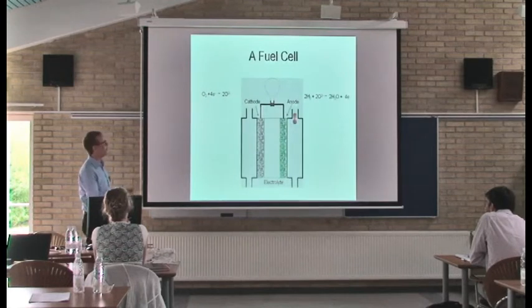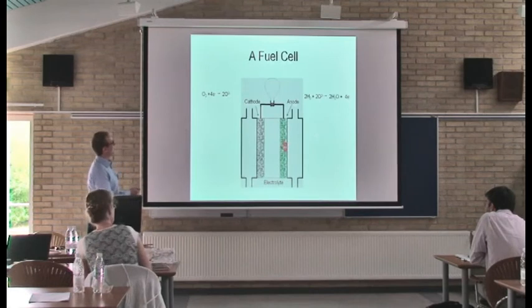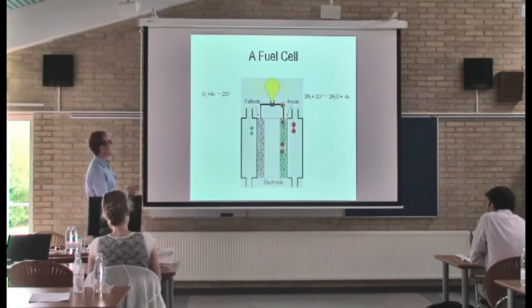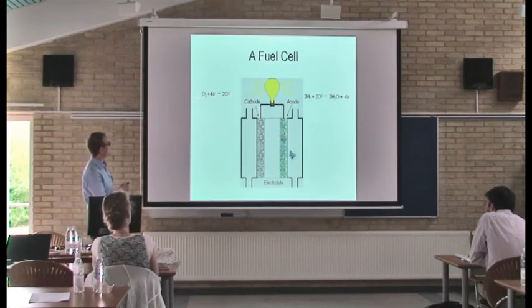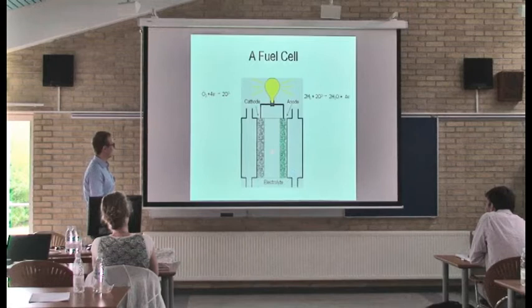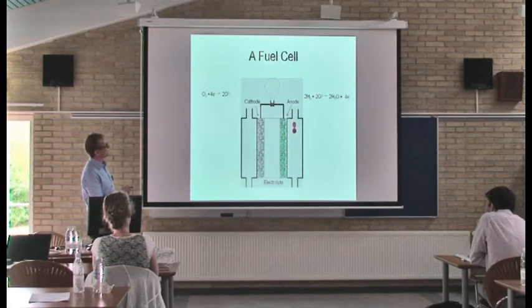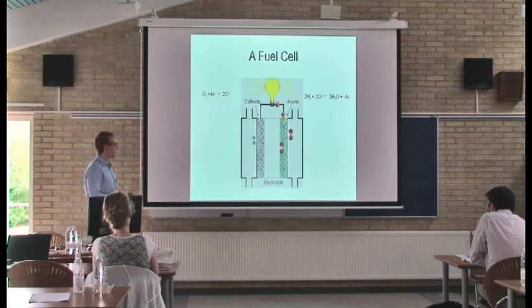This is the only slide about fuel cells. Very basically, in a fuel cell you have an anode side where you supply a fuel, for instance hydrogen in this case. Then you have a cathode side where you supply oxygen, and a dense electrolyte in the middle. On the anode side, hydrogen reacts with oxygen ions to produce water and free electrons.